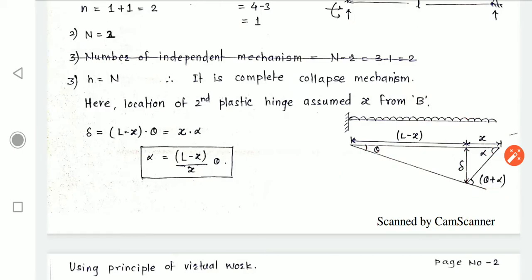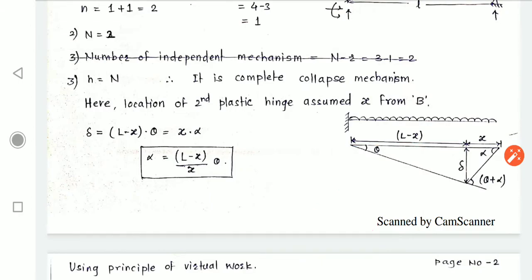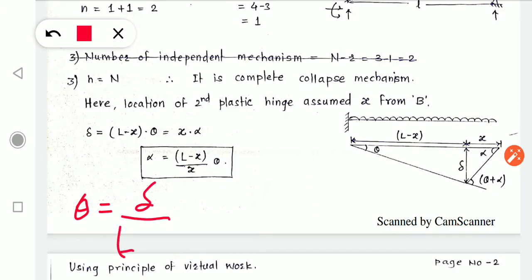Now let's solve it for deflection. Deflection from A support: tan theta equals deflection divided by this distance, that will be L minus x. So simply I can make it as theta is equals to deflection divided by L minus x, and from alpha side it will be deflection divided by x.